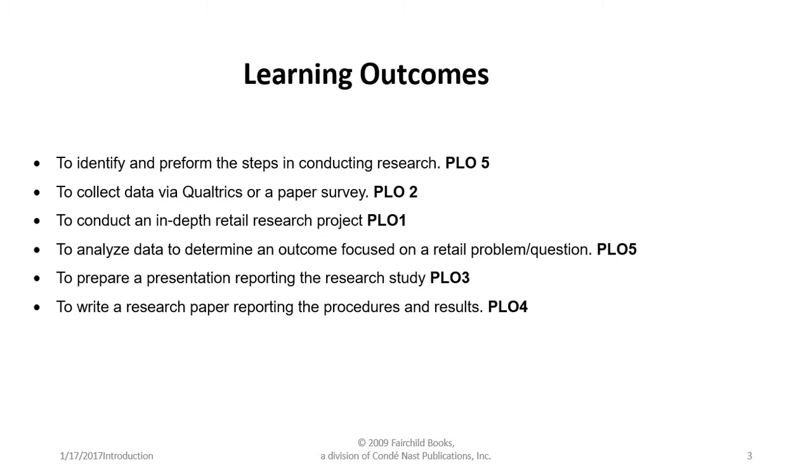You're going to create a survey, collect data, and then mine that data, and give results, conclusions, and recommendations from that research and how it relates to what's already been done out there. Then you'll prepare an oral and written presentation on your findings.